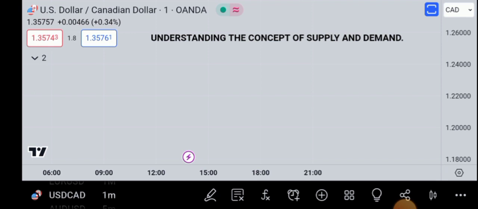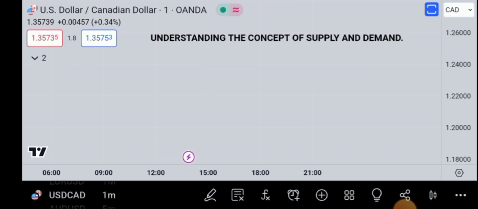For example, you purchase a good, you are demanding that good. But for you to demand something and get that thing, you actually have to pay a price for it, and it is that price we term the bid price.